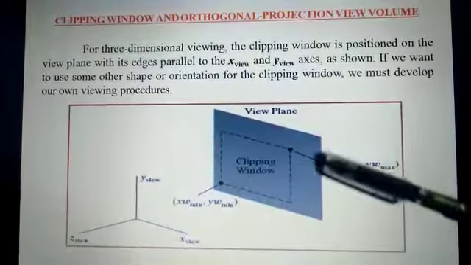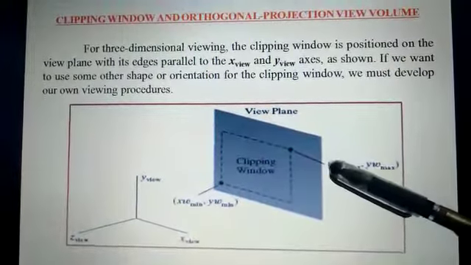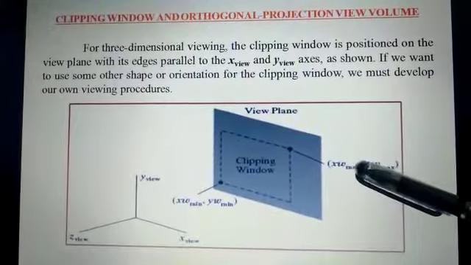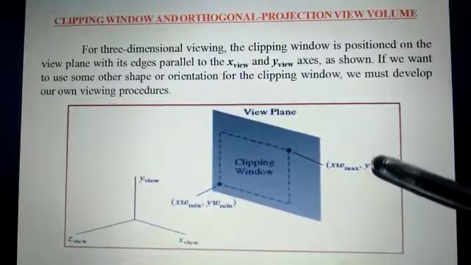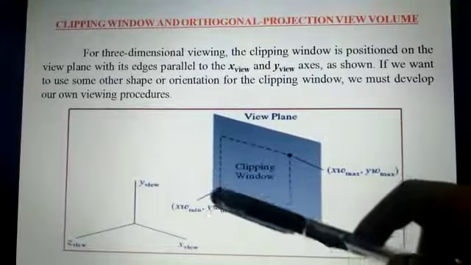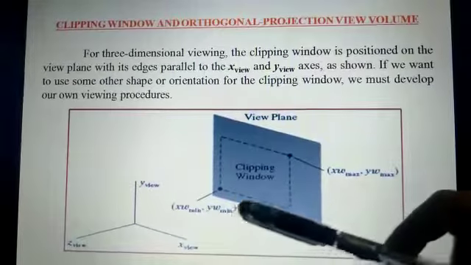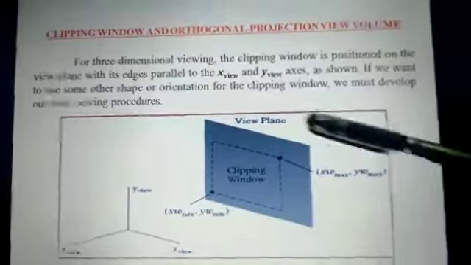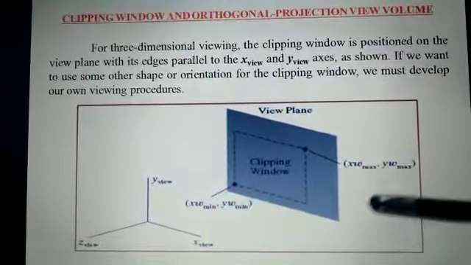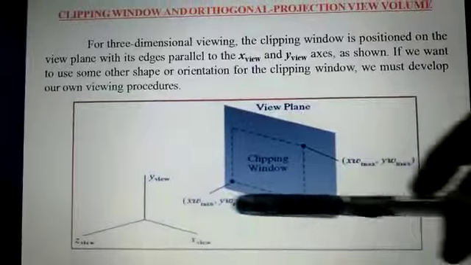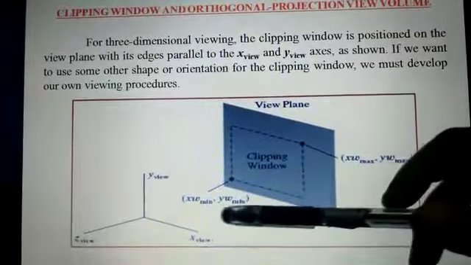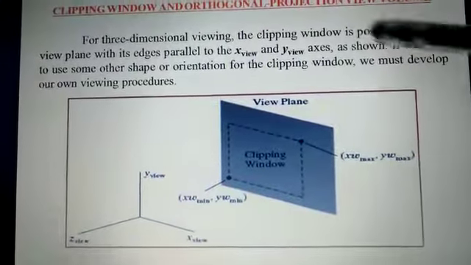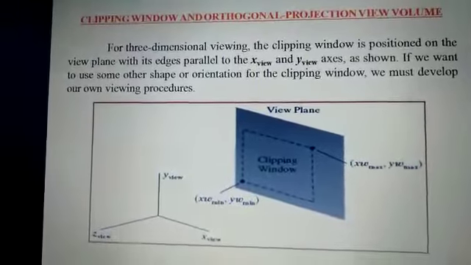The clipping window, if we consider, you would be having X with respect to window coordinates max, Y with respect to window coordinates max, X with respect to window coordinates minimum, Y with respect to window coordinates minimum. So this is our view plane where you can see X min, Y min, X max, Y max with respect to window coordinates.